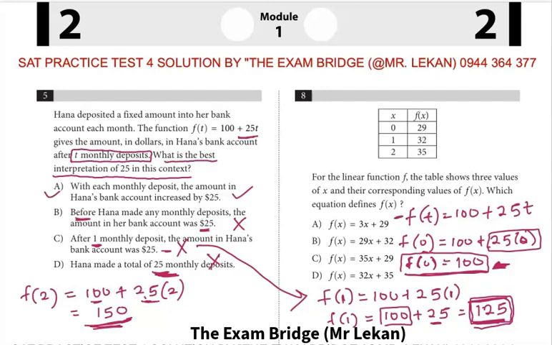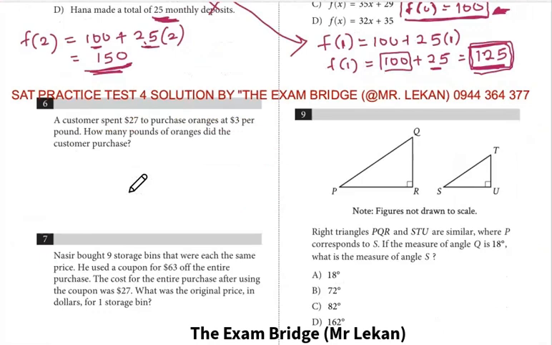Now let's see question number 6. A customer spent $27 to purchase oranges at $3 per pound. How many pounds of oranges did the customer purchase? $3 per pound. That is, 1 pound is $3.